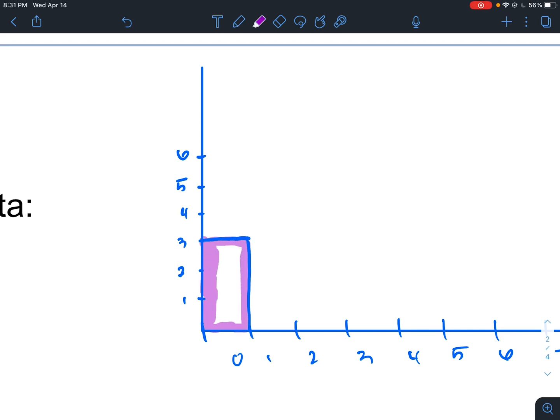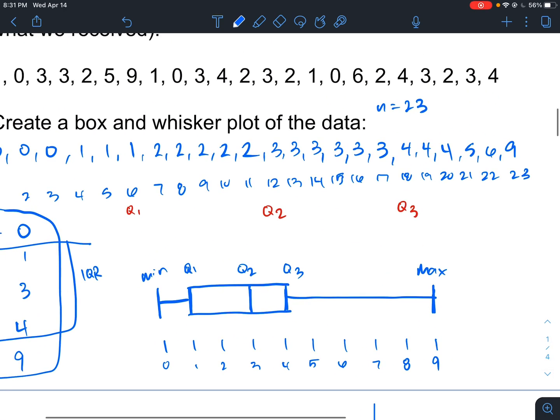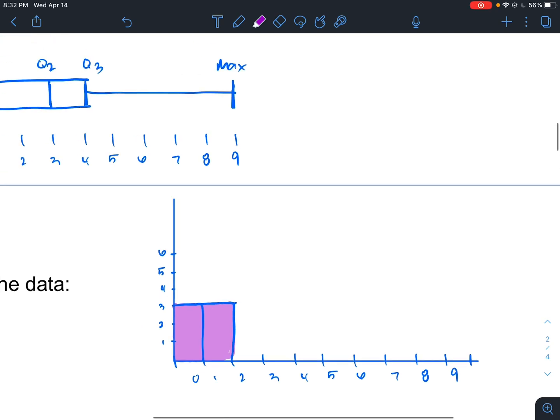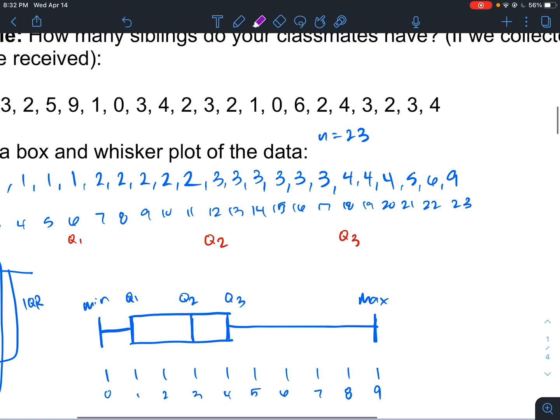So there would be a plot showing that for those that said that they have 0, there's 3 of them. For those that said that they had 1 sibling, again, that was 3. For 2 siblings, there was 5.